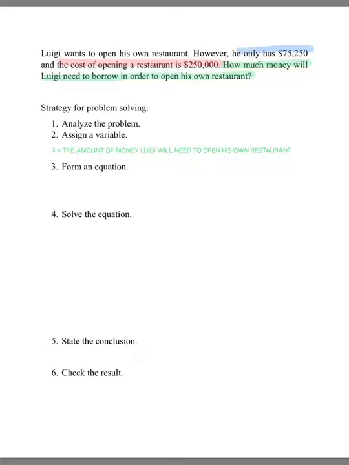Let me start off drawing a number line. Okay, and then I'll draw little tick marks here. So this one will be 0. And then we'll go by 25,000.